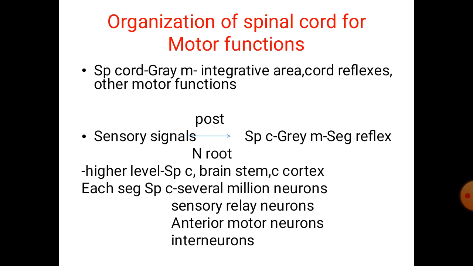There is no anatomical demarcation of the spinal cord, but it is divided into cervical, thoracic, lumbar, sacral, and coccygeal parts. From each segment each spinal nerve arises, and these contain motor, sensory, as well as interneurons.